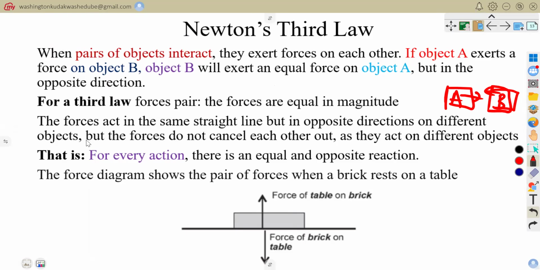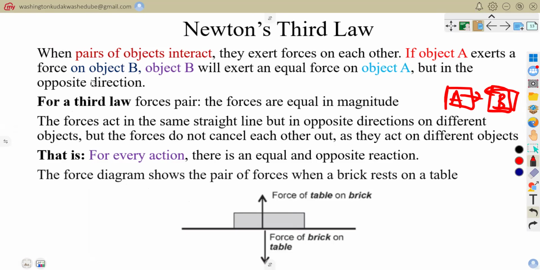So we can adopt a definition that says the forces act in the same straight line but in opposite directions on different objects, and the forces do not cancel each other out as they act on different objects.